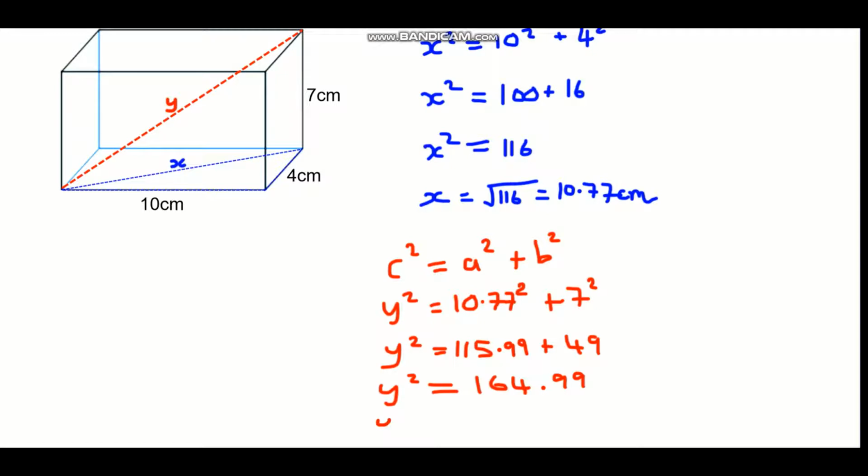And y is going to be the square root of that, which is equal to 12.84 centimeters.